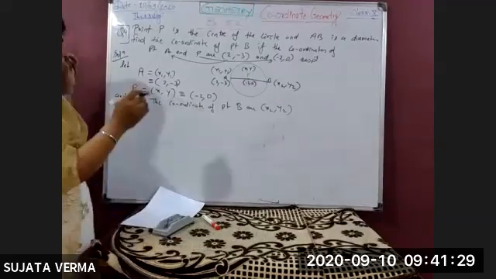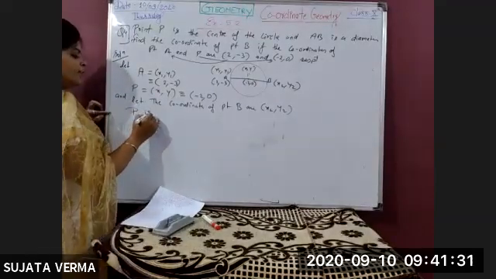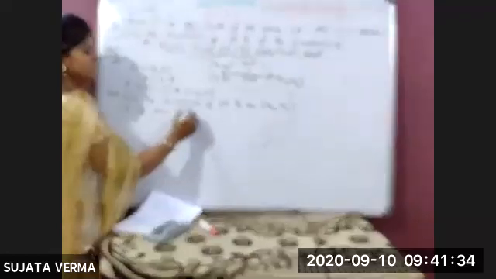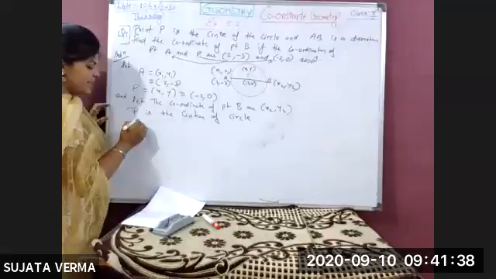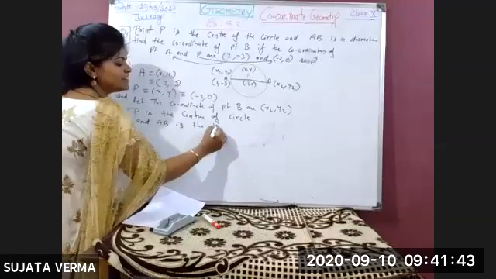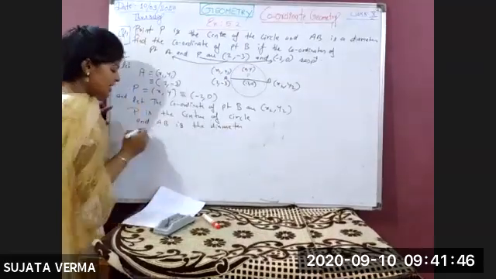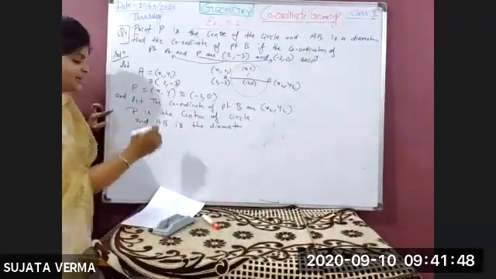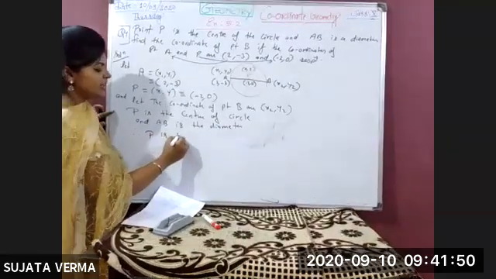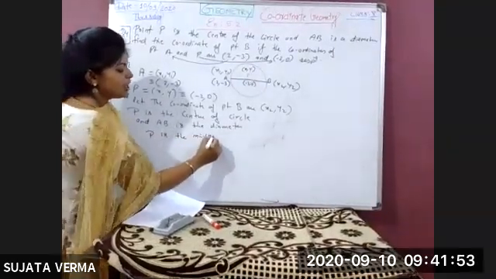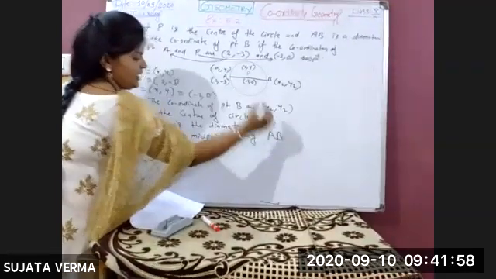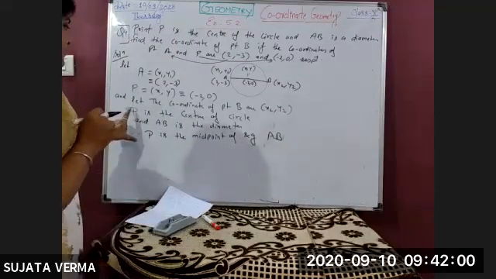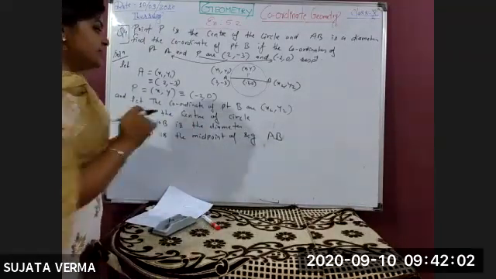Clear? And what is given here? P is the center of the circle and AB is the diameter. Therefore, we write P is the midpoint of AB.